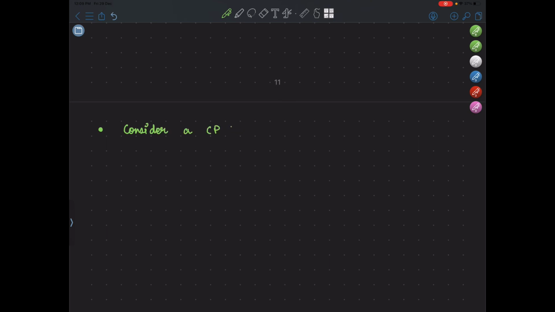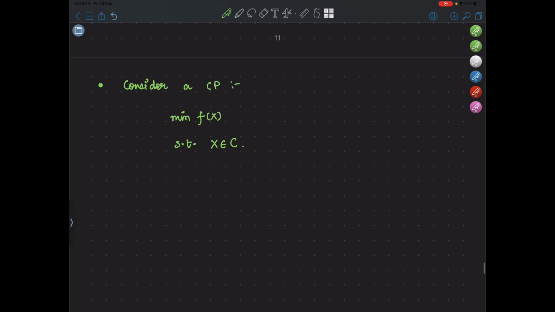Here CP means convex programming problem, where we minimize f(x) over x subject to the constraint x belonging to some set C, where f is differentiable and C is an open convex set.